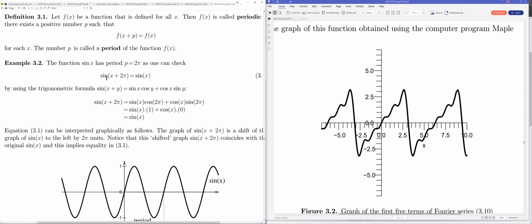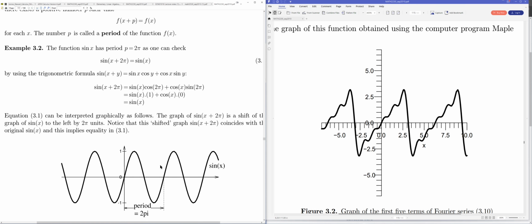Let's see if we can interpret this equality graphically. This is my graph of sine x. Now, what is the graph of sine x plus 2 pi? I can get it from the graph of sine x by taking this graph and translating it to the left by 2 pi.